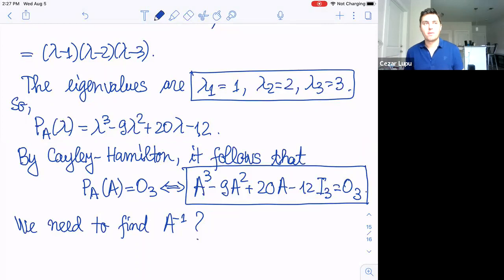We have done a similar problem in one of the review sessions. It was for a 2 by 2 matrix, but we have done a very similar idea.